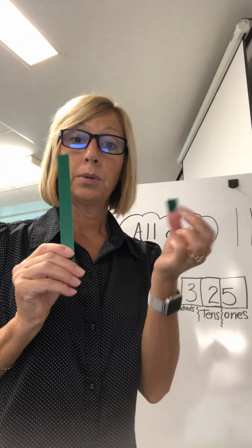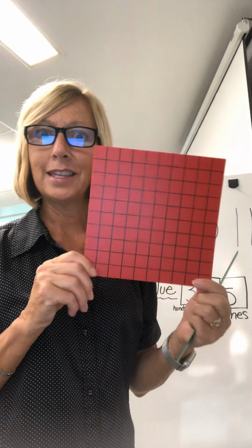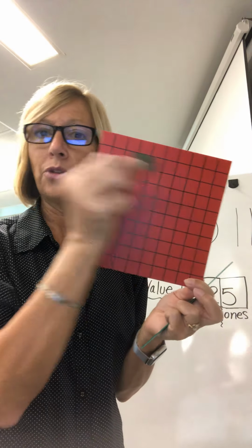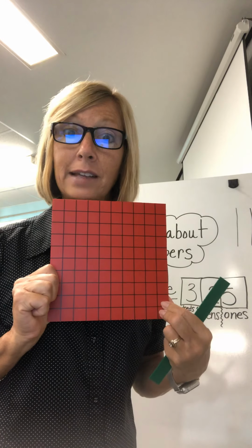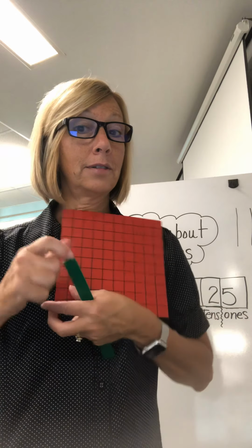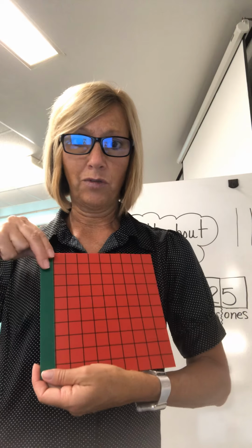So cube, long, and then the hundreds, this guy, there are 100 ones. If we would lay out, we would fill up this whole thing with 100 cubes. And this guy is called a flat. A flat is worth 100. Or a flat is worth, look here, let's see how many longs would fit. Now we know this is 10.